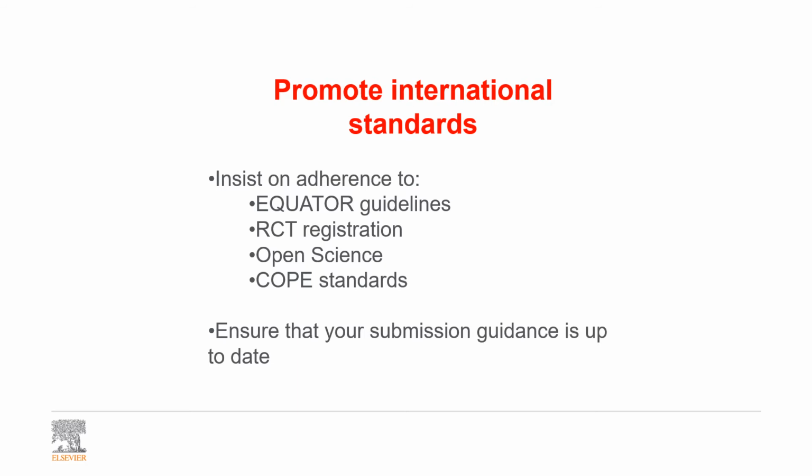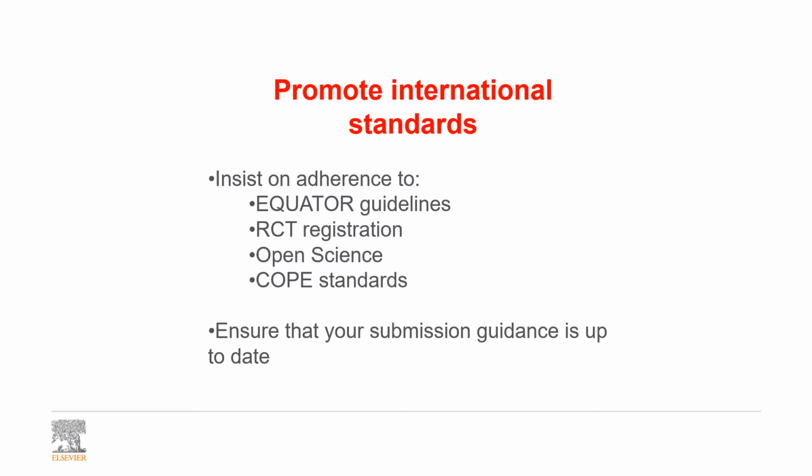And ensure that your submission guidance is up to date. There should be an annual review, along with your fellow editors, possibly your board, and with your publisher, of your submission guidance. So that should be done at least annually. But I do this annually, and I also know that I often have to update it 4 or 5 times within the year as things change.